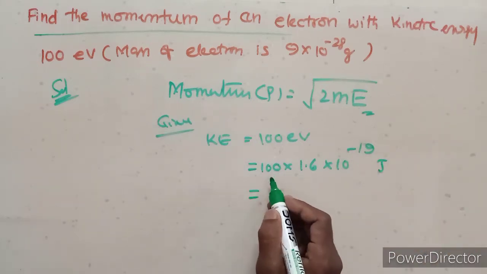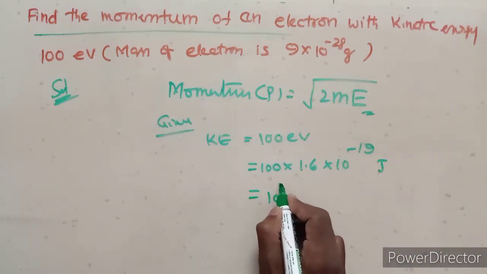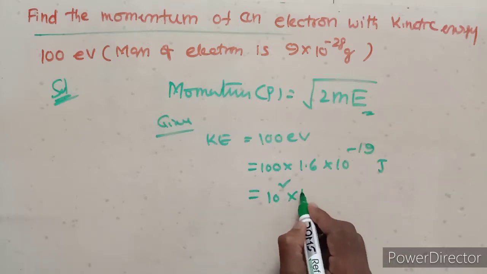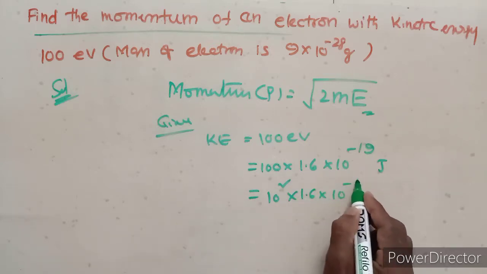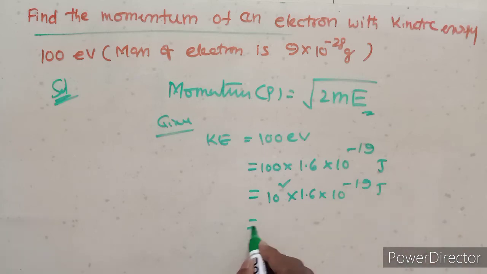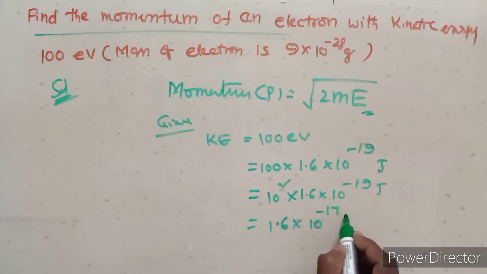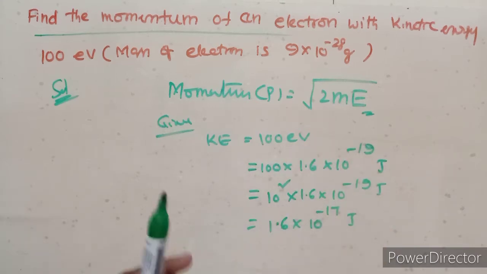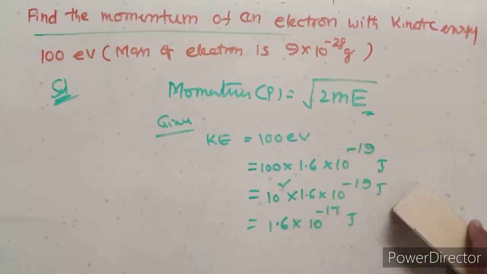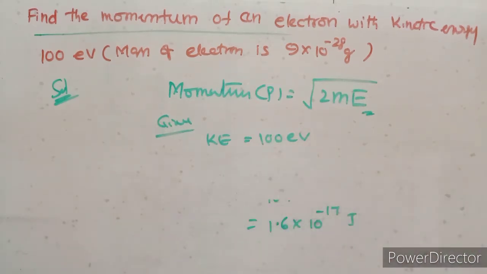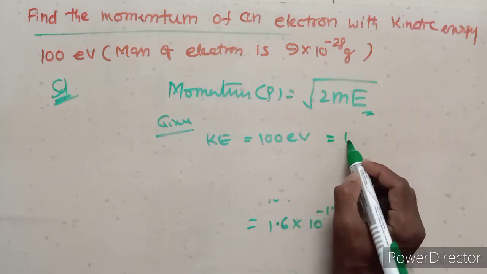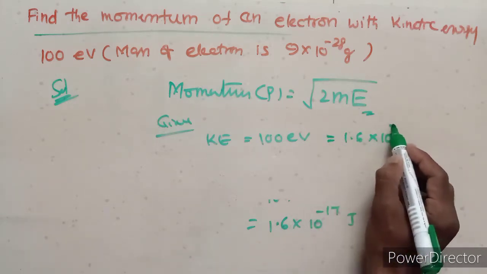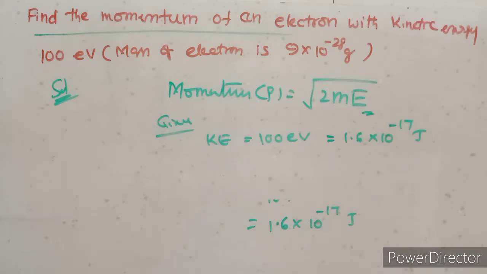So 100 can be written as 10 square. 10 square into 10 to the power of minus 19 gives 1.6 into 10 to the power of minus 17 joules. So given kinetic energy equals 100 electron volts, that equals 1.6 into 10 to the power of minus 17 joules.